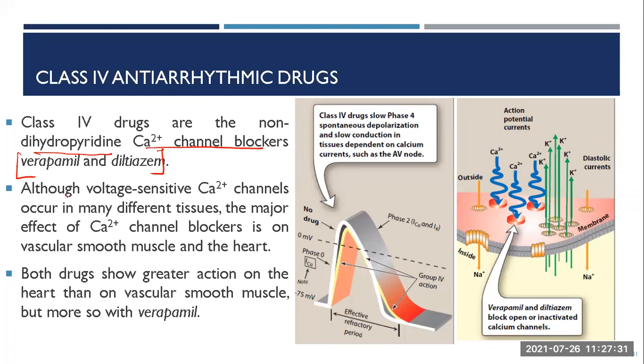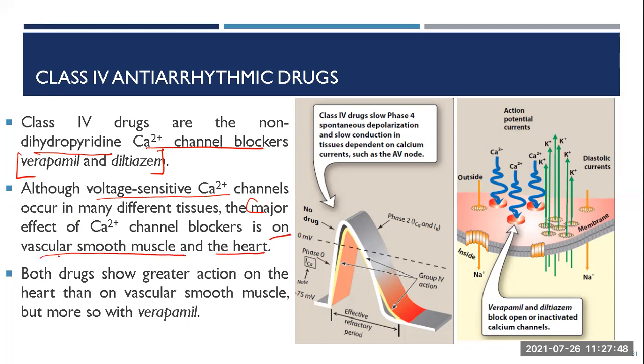Okay, so although voltage sensitive calcium channels occur in many different tissues, the major effect of calcium channel blockers is on vascular smooth muscle and the heart.